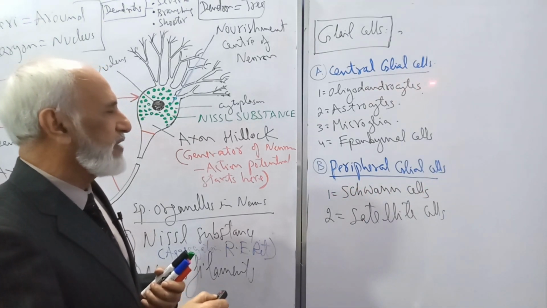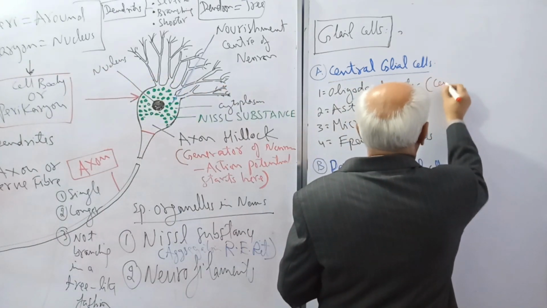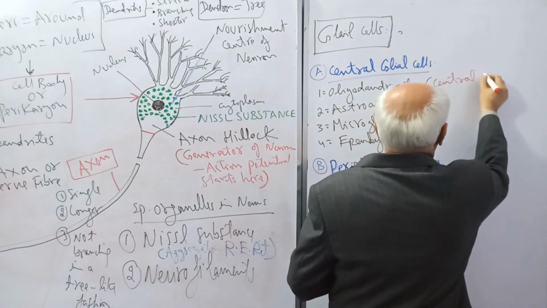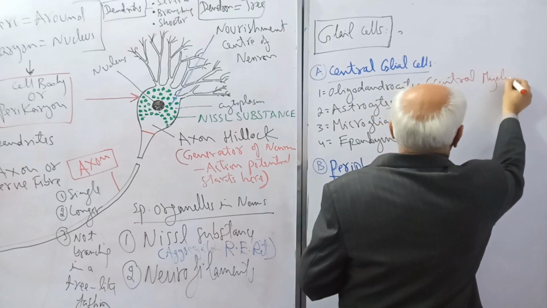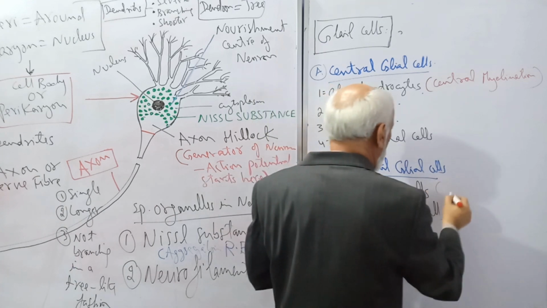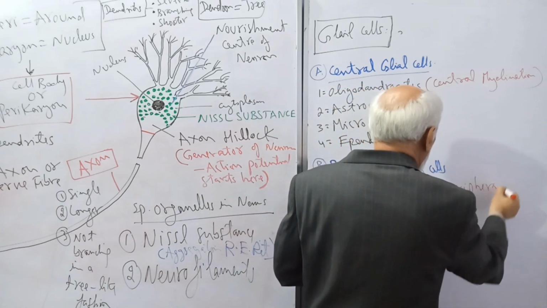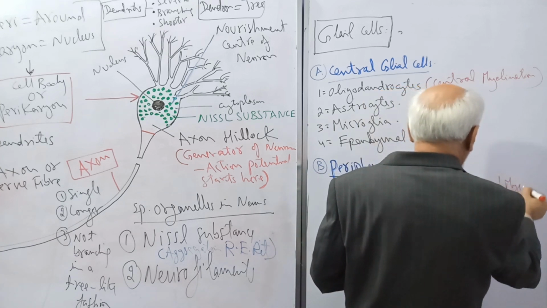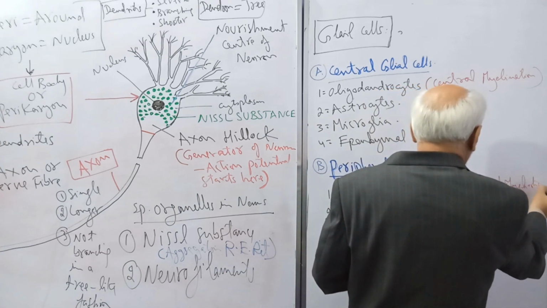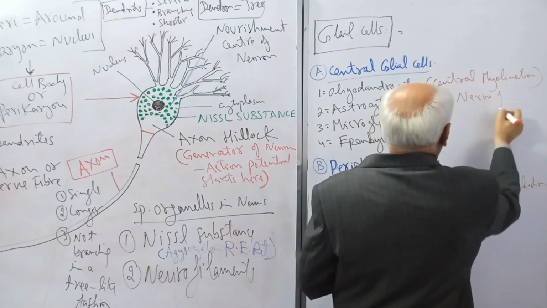So oligodendrocytes are meant for central myelination, and the Schwann cells are meant for peripheral myelination of nerve fibers.